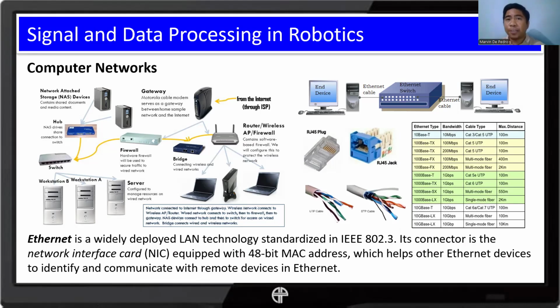So in computer networks, we can identify the actual devices through their MAC address, or the physical address. And that MAC address is determined by the NIC that is built within the device.